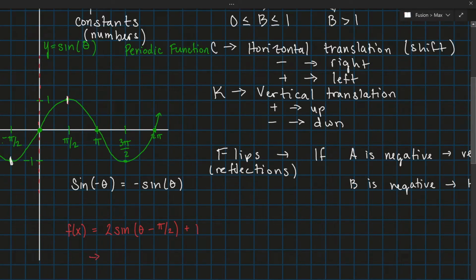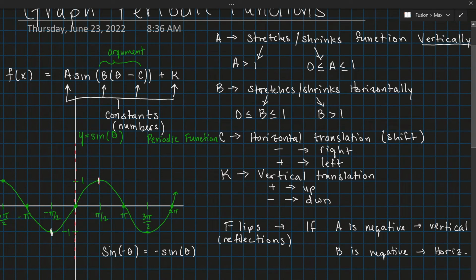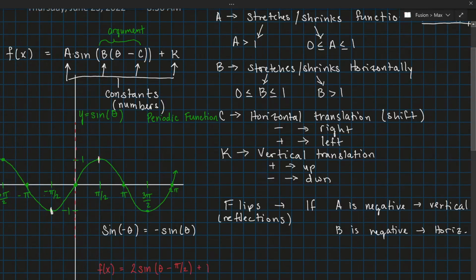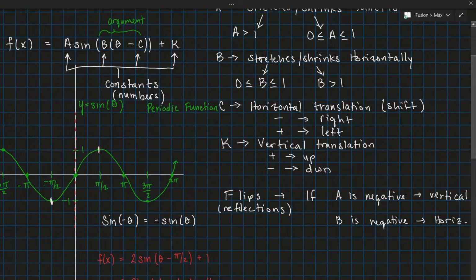What's 2 going to do? Make it shrink. So it's greater than 1, right? Which means it's going to stretch it. It's the opposite as B. So it'll stretch it vertically. Okay. What about C, you said C. What's C going to do?